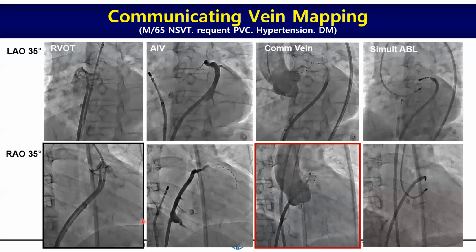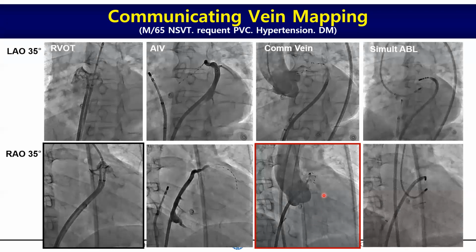These are the pulmonary angio, CS venogram, AIV mapping, aortogram, and kissing ablation catheter, obtained from fixed LAO and RAO views. As I told you, the differentiation between the AIV and septal communicating vein can be done in the RAO view.